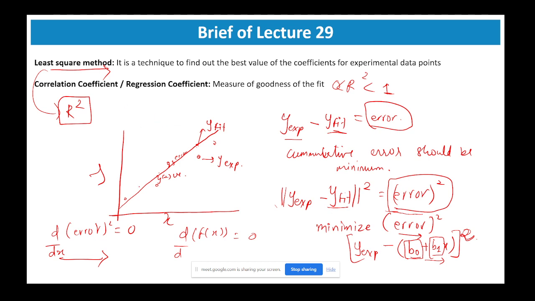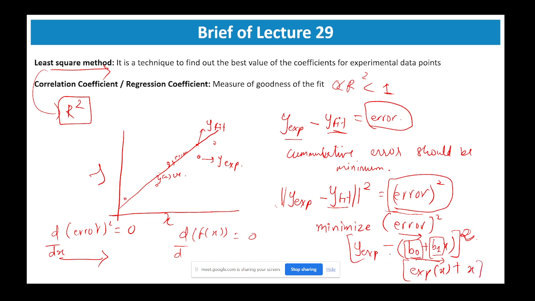If you have this data and you want to check whether an exponential function fits or not, then instead of this function you need to write exponential of x. Now it can be exponential x plus x or so.